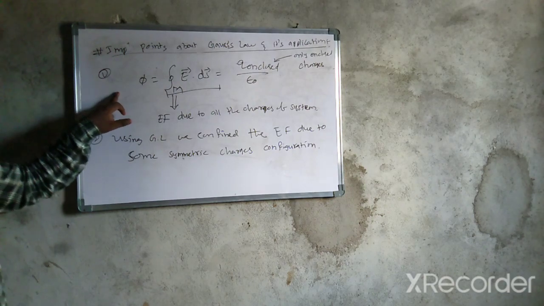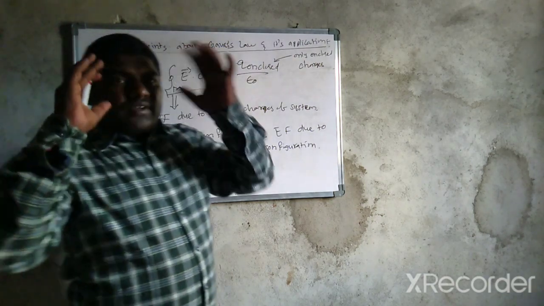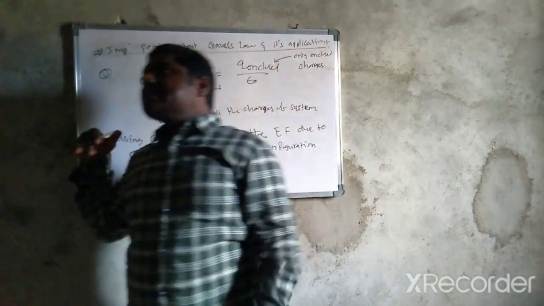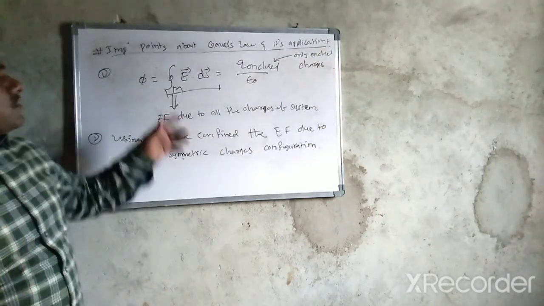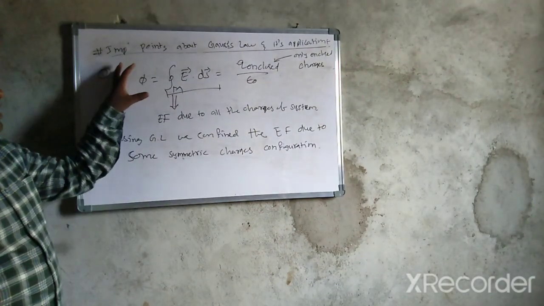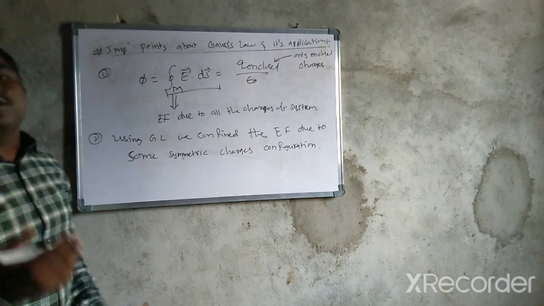The first is for a Gaussian surface, if Gauss law is applicable. Based on these two points only, they will ask numerical problems.